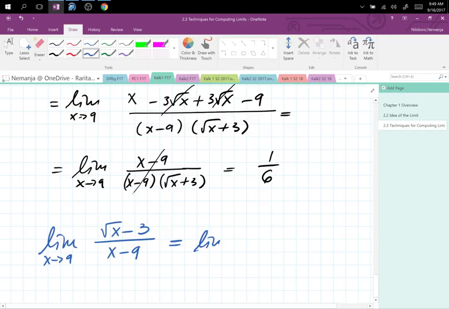Limit x goes to 9 of square root of x minus 3 divided by, and now I'm going to factor the denominator. What I get is square root of x minus 3 times square root of x plus 3.